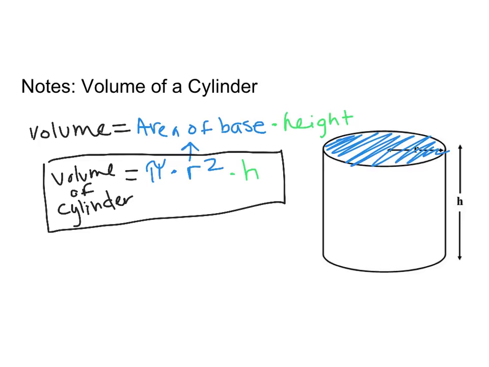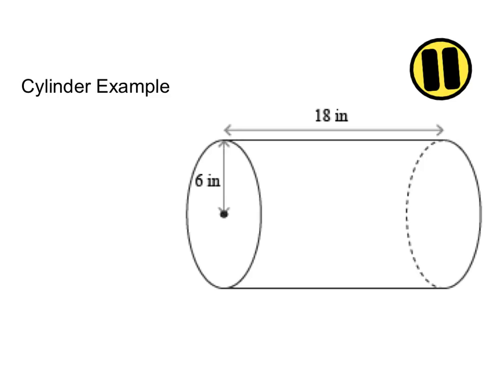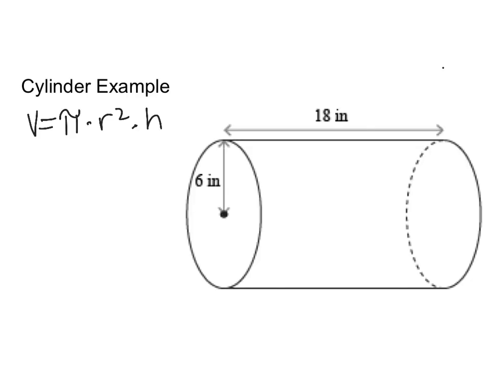Next, let's practice it. Pause this video and use the formula to calculate the volume of the cylinder. So the first thing you should do is to write down the formula that you're going to use and identify your variables.